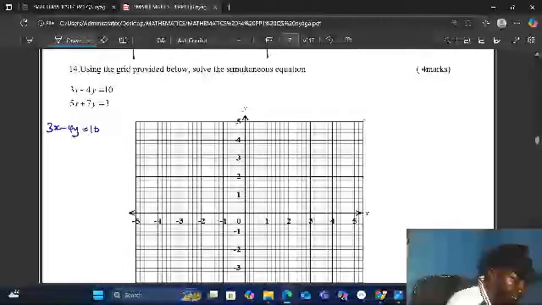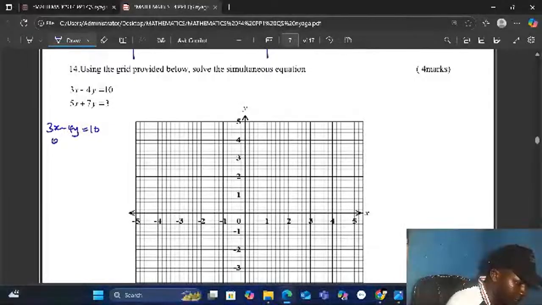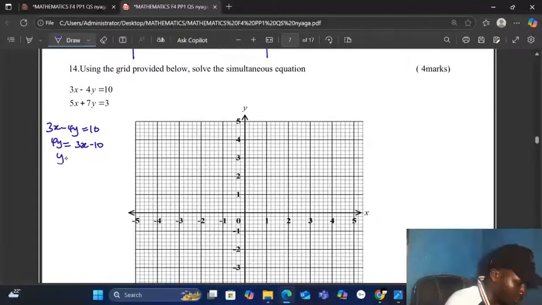Then we can start with 4y is equal to 3x minus 10. So that we find the value of y. y is equal to 3 over 4 x minus 2.5.